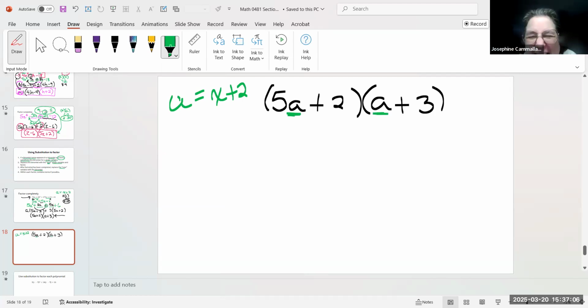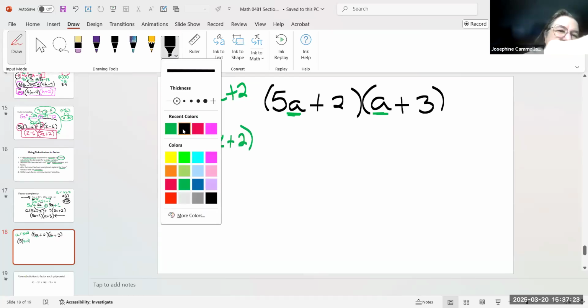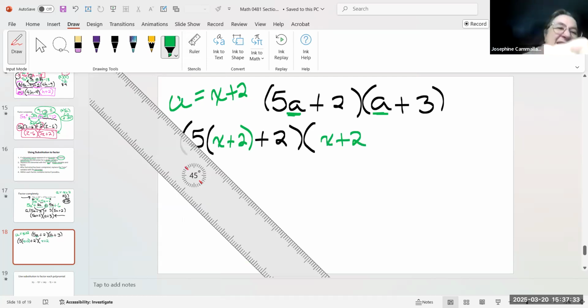I've got to go back and substitute it, which means here's my 5, but I've got to put x plus 2 for that a. And over here, I've got to put x plus 2 for the a.